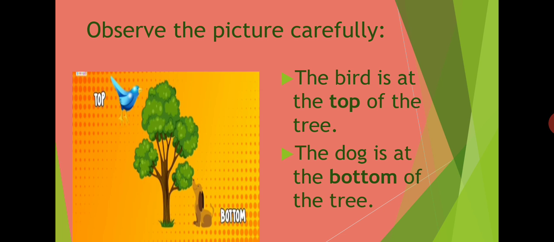First of all, look at the bird. Where is the bird? Yes, the bird is at the top of the tree. And the dog? The dog is at the bottom of the tree. So the position of the bird is at the top and the position of the dog is at the bottom.